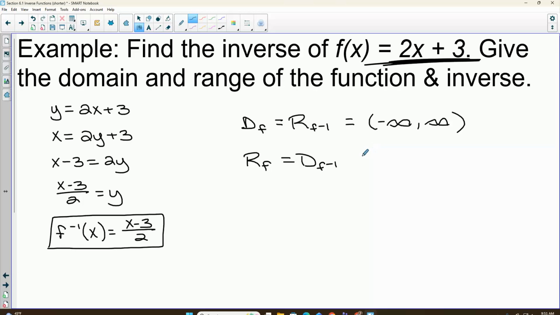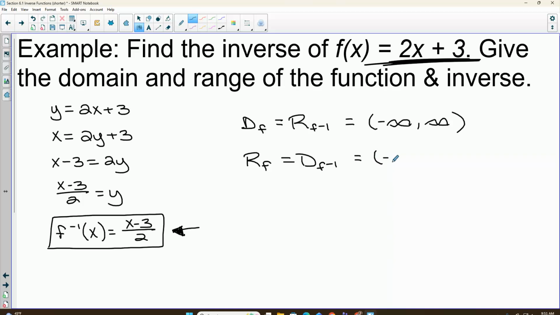All right, for this one. Okay, it's hard for me to look at this and just know the range, but the range of the function is the same as the domain of the inverse. If I look right here at my inverse, I have a fraction. In a fraction, the bottom can't be 0. Does 2 ever equal 0? No. So what's that mean it is?